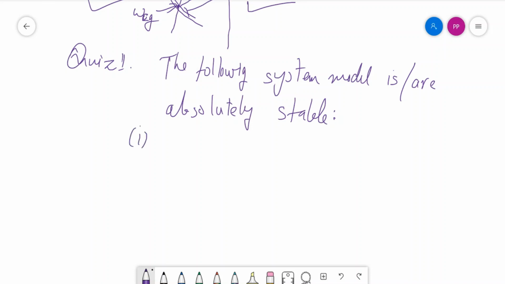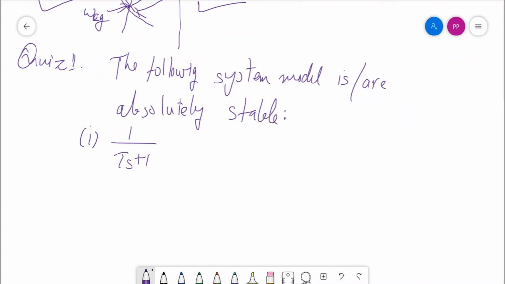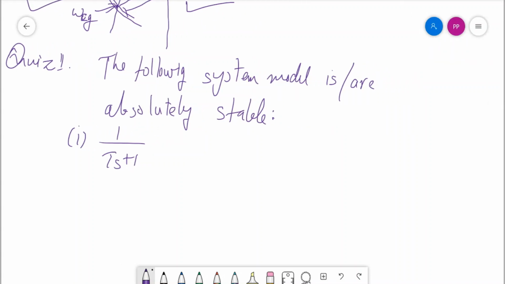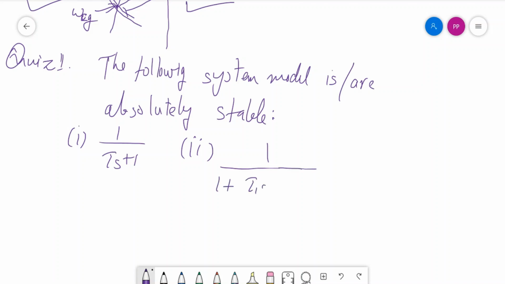First system is 1 by tau s plus 1. The second system is 1 divided by 1 plus tau 1 s into 1 plus tau 2 s.